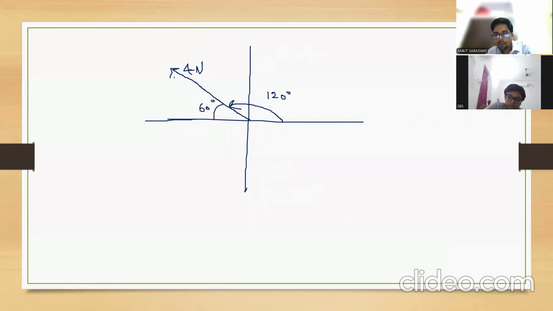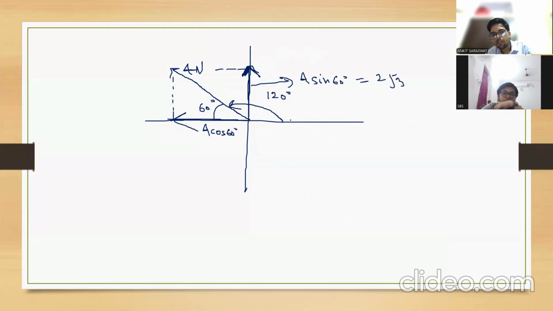Then projection on x-axis and y-axis will be like this. So it will be 4 cos 60, and on y-axis 4 sin 60, which is 4 into root 3 by 2, that is 2 root 3.